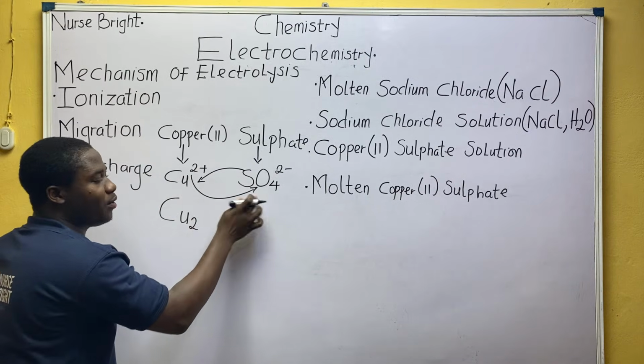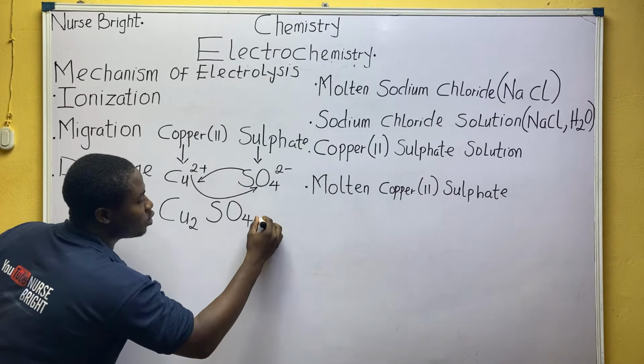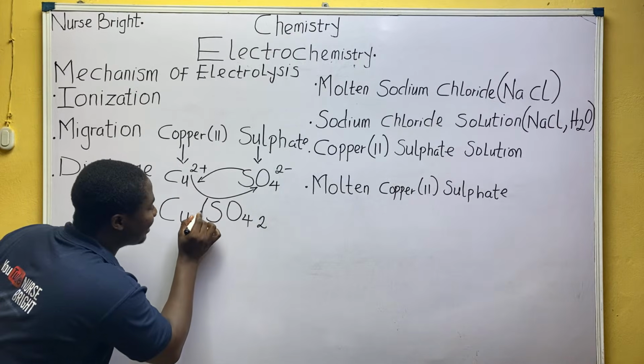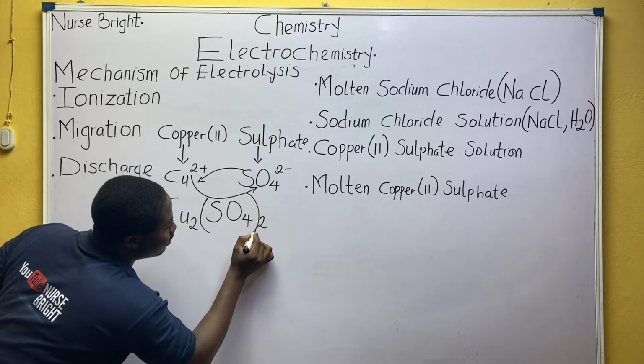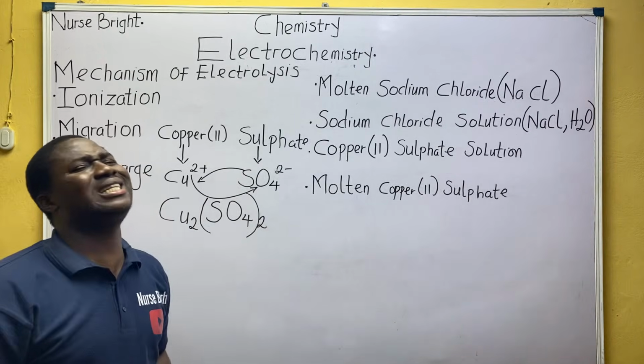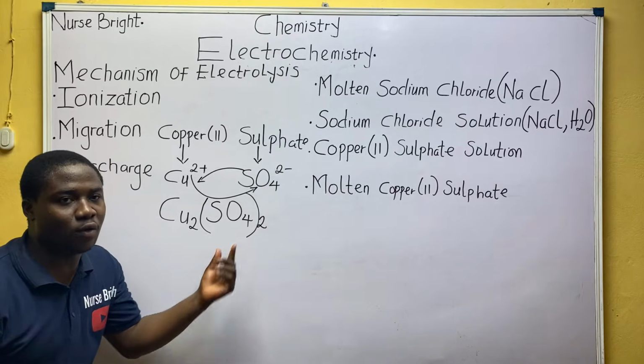Now this 2 has come here. So first it is SO4, but the 2 has come, so it's going to be 2. To write it properly, we use a bracket to separate them. That shows that this 2 is only affecting this SO4. Class, listen now, showing that this 2 is only affecting one SO4.